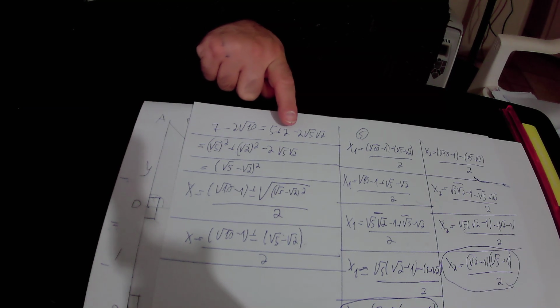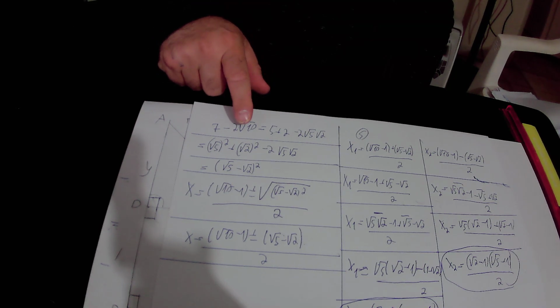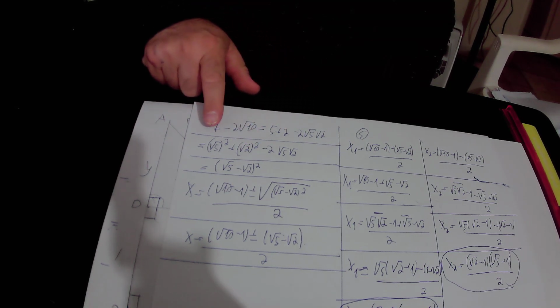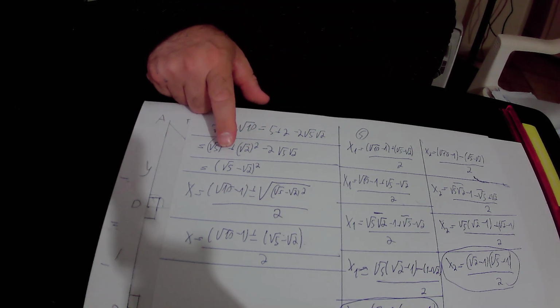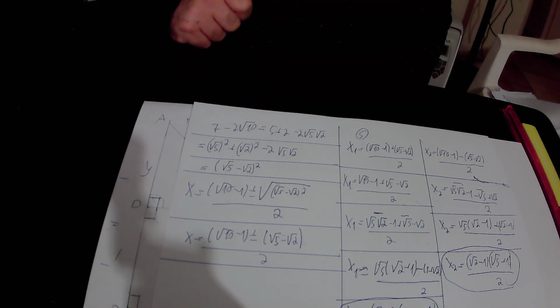That is to say, we can substitute this expression by a minus b squared, when a equals square root of 5 and b equals square root of 2. So this expression equals square root of 5 minus square root of 2, squared, according to the algebraic identity.